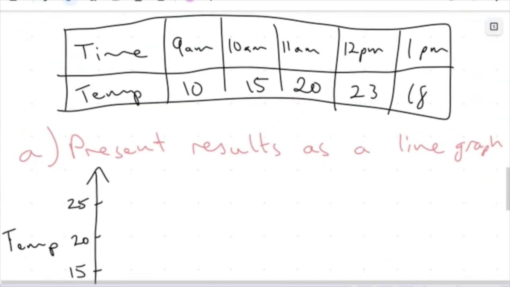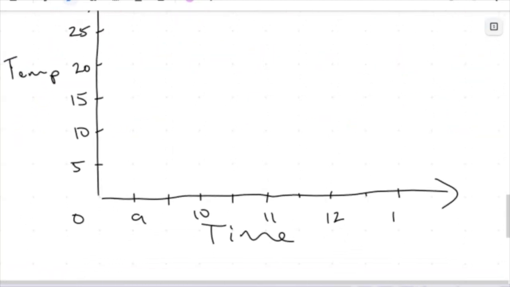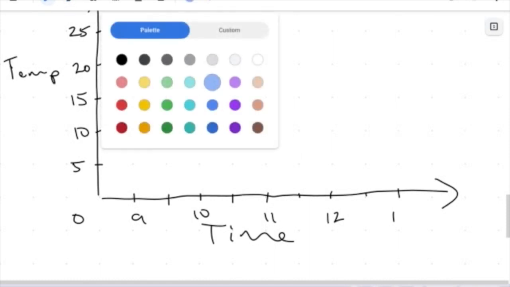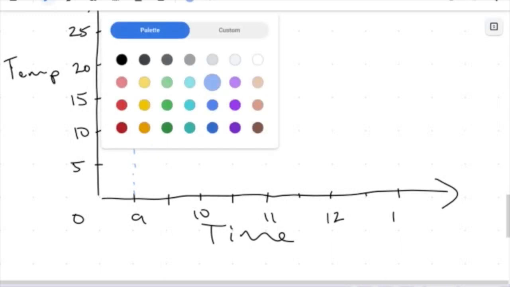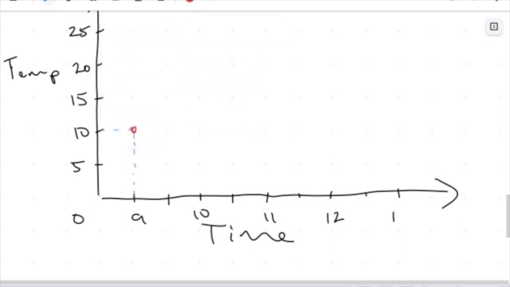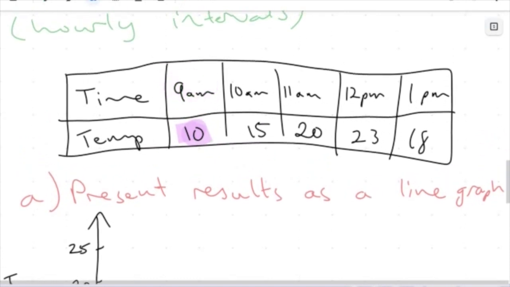So my first data point, at 9 a.m., my temperature was 10 degrees Celsius. So at 9 a.m., if I wanted to draw this, my temperature is going to be 10 degrees Celsius. So that is going to be my very first point. And I want to do this for all of the values.